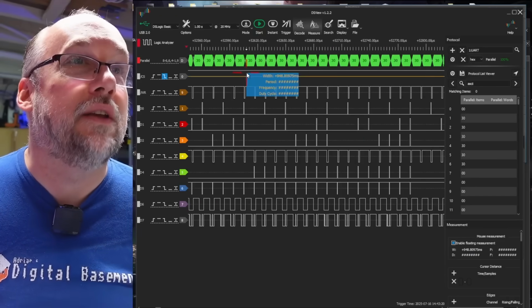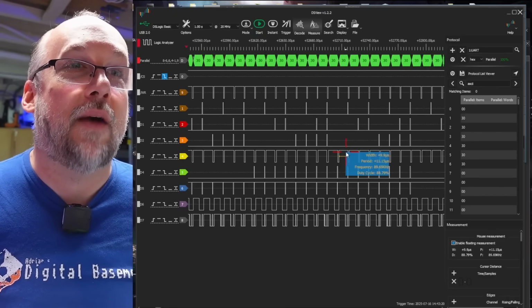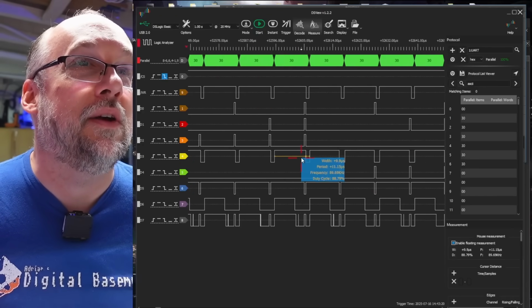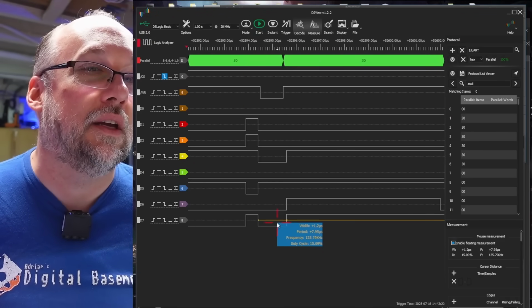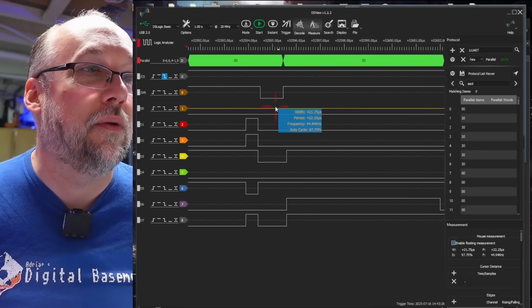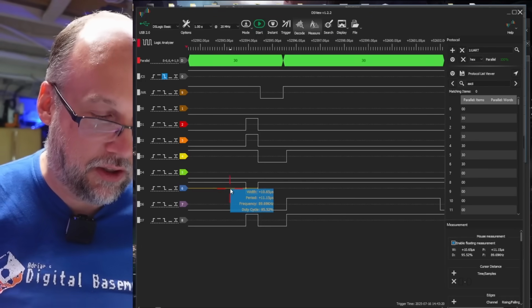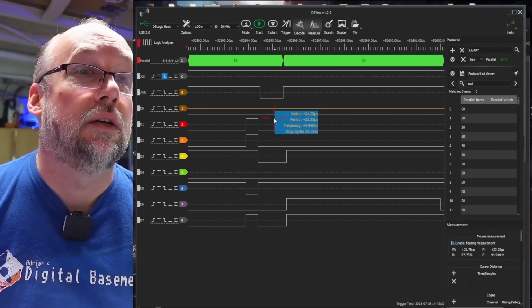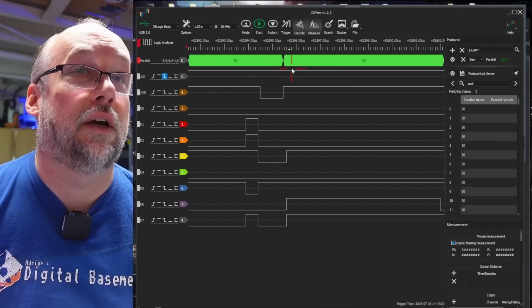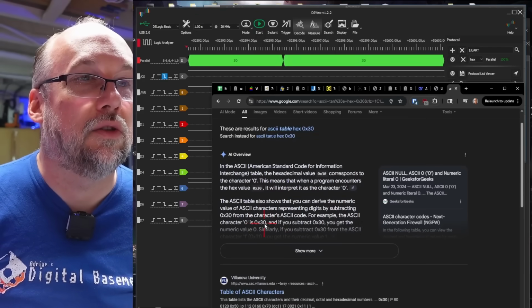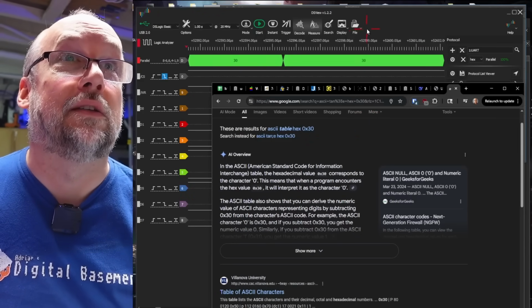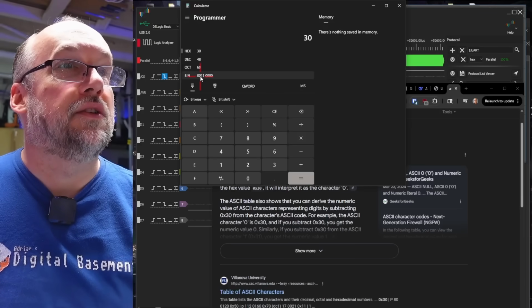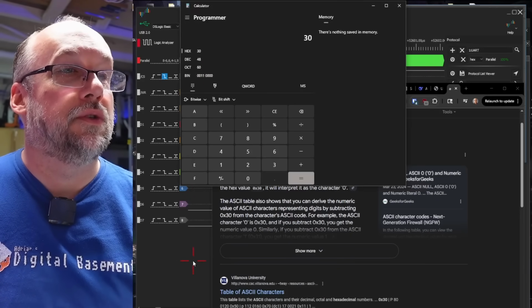Cool. Oh, and incidentally, all of the writes that happen later, which we think is going to the video memory, it thinks it's writing 30, not 20. I wonder if I have a couple of the bits incorrectly hooked up. Everything actually looks like it's hooked up correctly, but ASCII hex 30 is character 0, and we're looking for space. 30 is 00110000.